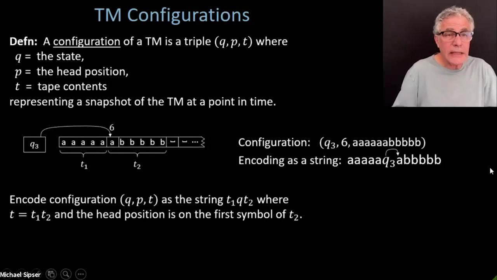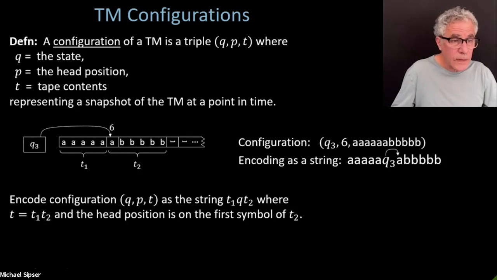Okay, so I think this is a good moment to take a moment for questions. Oh, I see there's a lot of questions already. So one question is, how does the encoding differentiate between the string and the state? I'm going to be assuming that the symbols that represent states and the symbols that appear on the tape are distinct from one another.